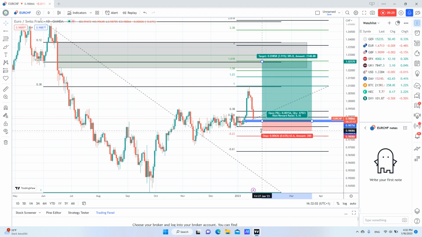Can make it like this, but then there is a risk of getting hit. But I don't think if we go this way that our move will still be valid, so we can put it here. So then we have improved our risk to reward to 6.